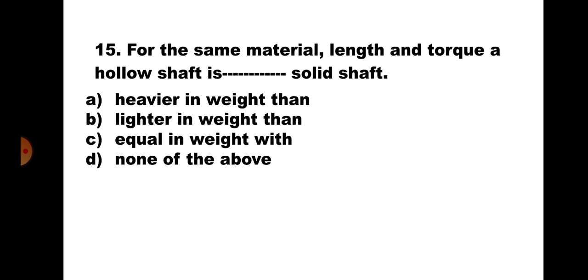If the same material is there, length of both shafts is also the same, and torque applied is also the same, then the hollow shaft which you require is of lesser weight than the solid shaft. Hence, the correct answer of this question is B, lighter in weight than.